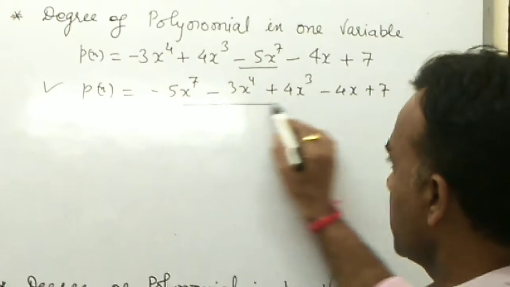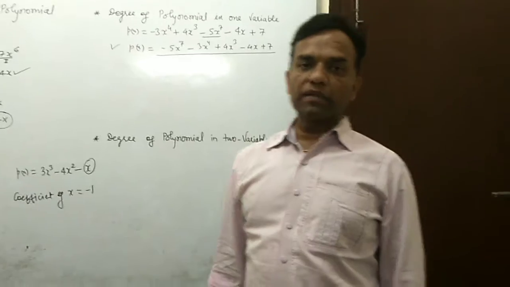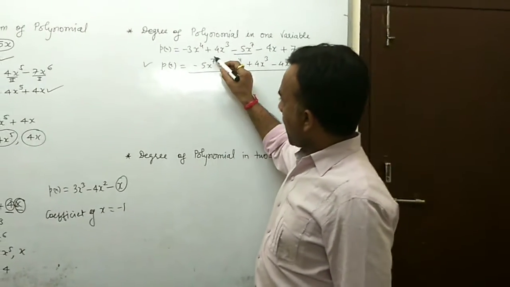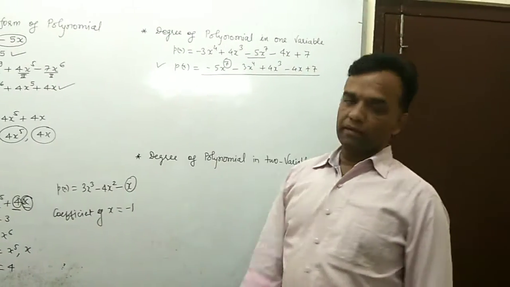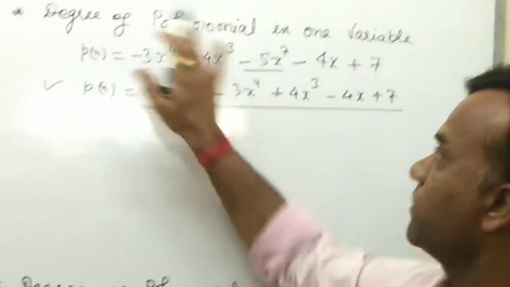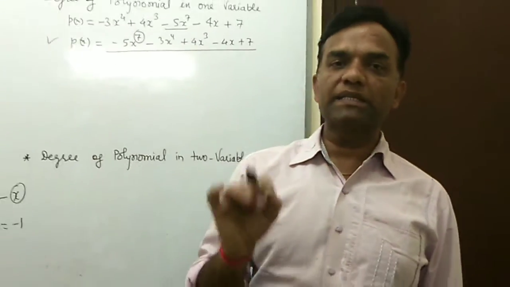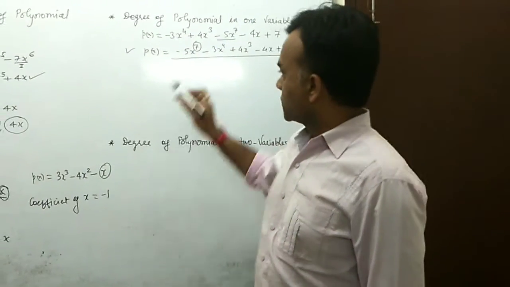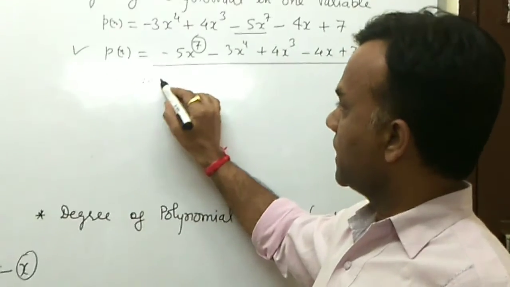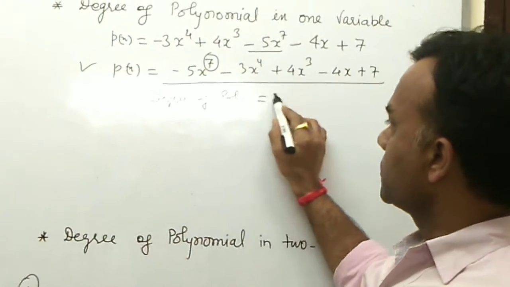Okay, so first we write the given polynomial in standard form, and then find the highest degree of the polynomial. The basic definition: the highest degree of the given polynomial is called the degree of the polynomial. So here 7 is given, so the degree of the polynomial is equal to 7.